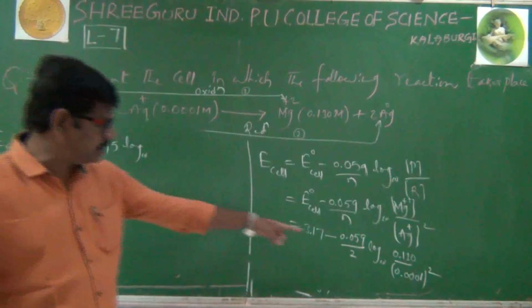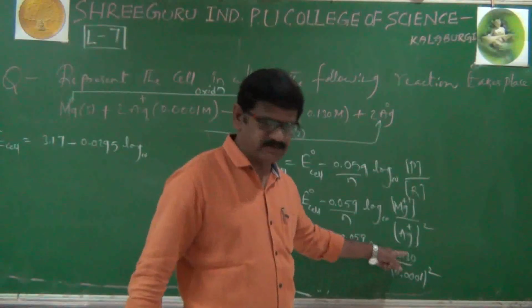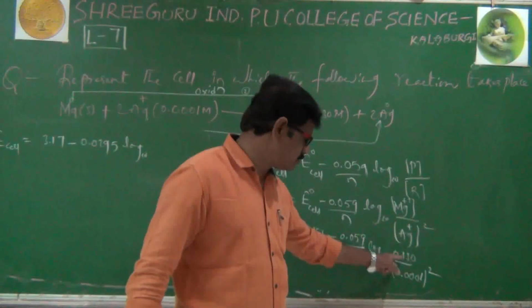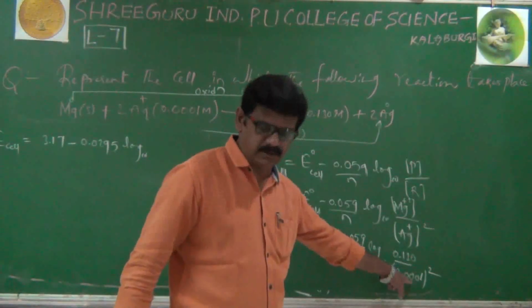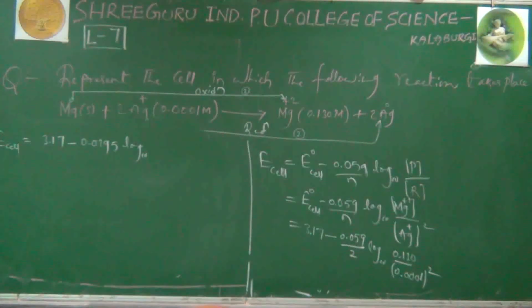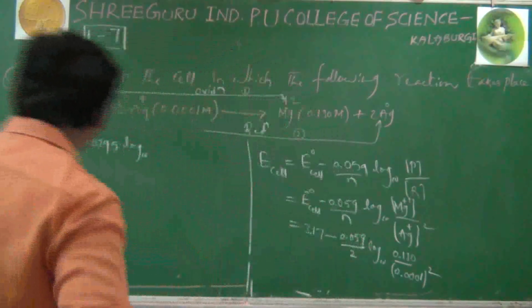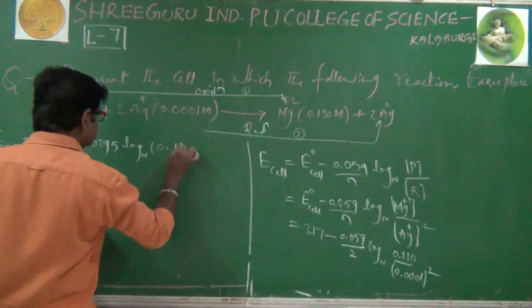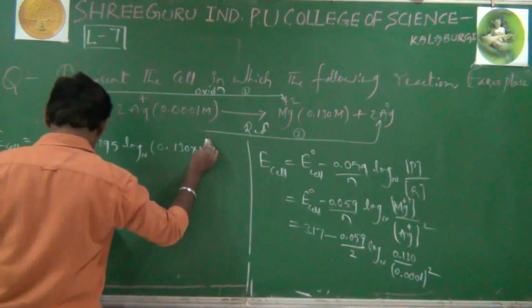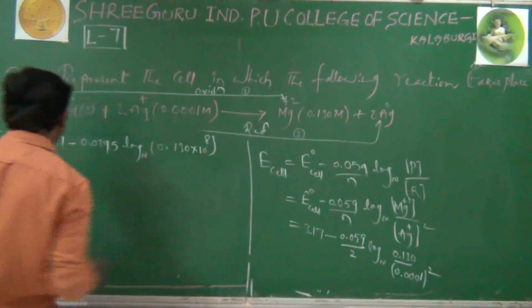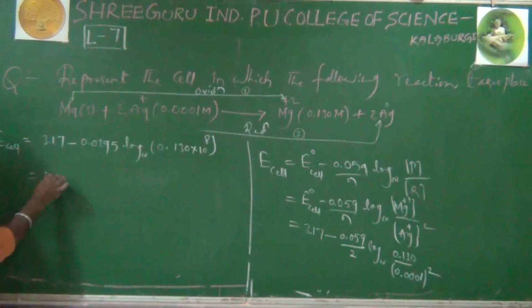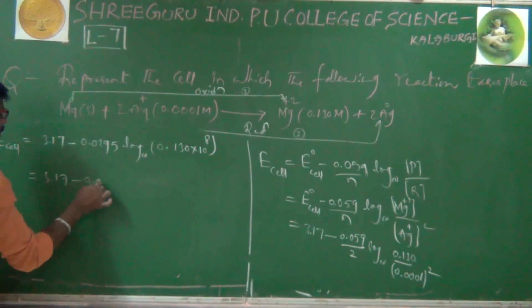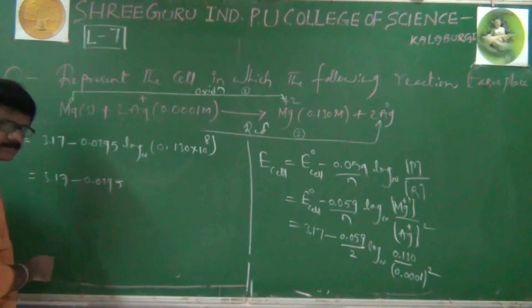If you simplify both, 0.130 divided by this value, then you will get 0.130 into 10 to the power of 8, that is equal to 3.17 minus 0.0295.